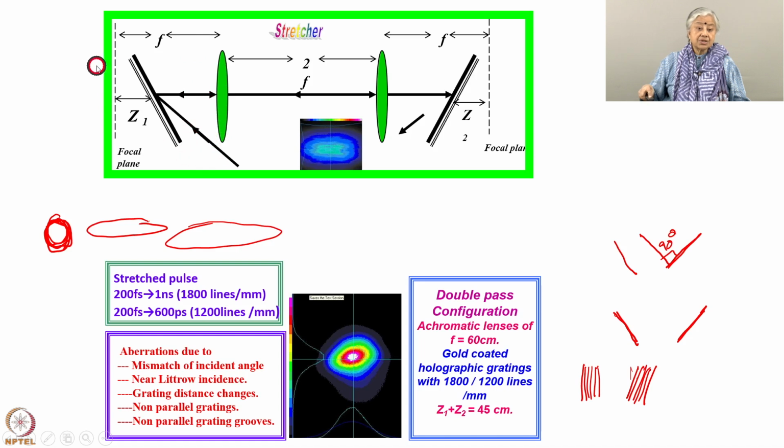How can I avoid that? I can change the number of rulings on my grating. So, as an example, say I am trying to get a stretched pulse from 200 femtoseconds to 100 nanoseconds. I have taken an ND glass laser as the experimental laser. Okay.